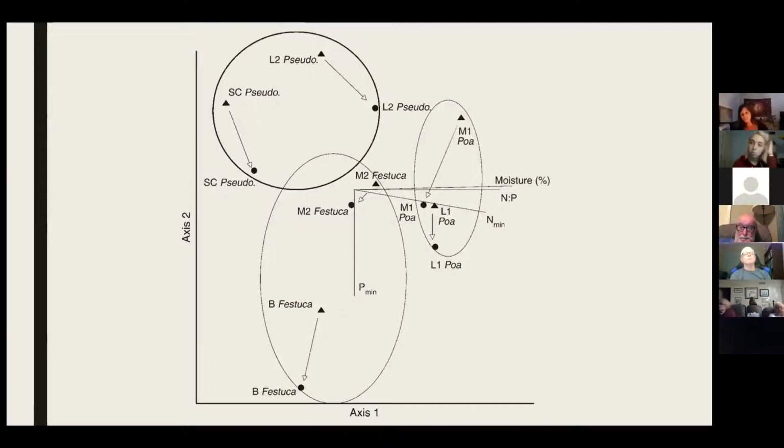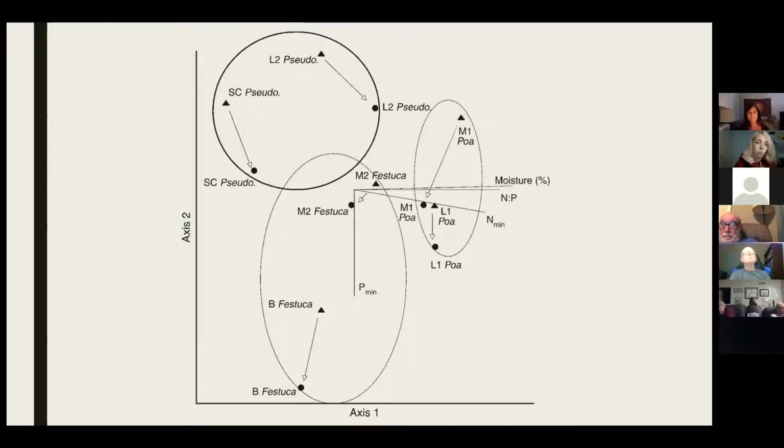And then we got super fancy and we overlaid on top what the environment was doing. And so we found that this varied along a moisture gradient, and that phosphorus was another really important driver of how far apart these types of communities were from each other.